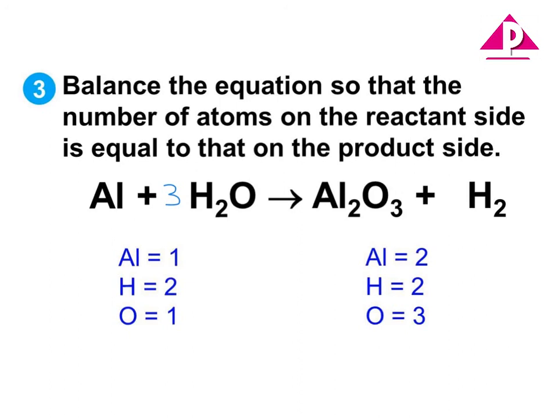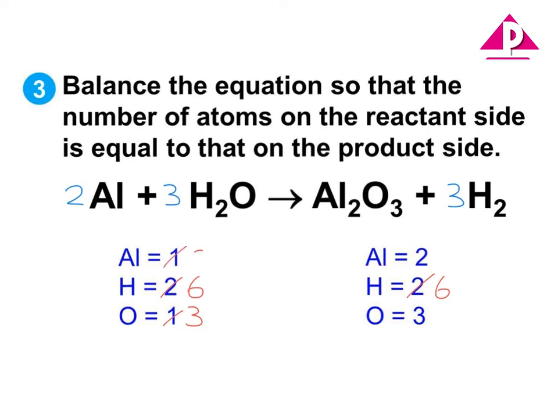Now on the reactant side there are 6 hydrogen atoms and 3 oxygen atoms. To balance the number of hydrogen atoms, put stoichiometric coefficient 3 in front of H2. Then there are also 6 hydrogen atoms on the product side. At the end, put stoichiometric coefficient 2 in front of Al.